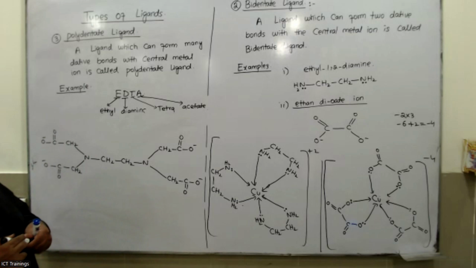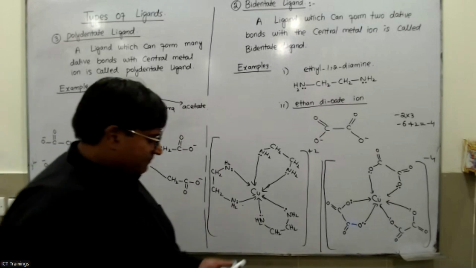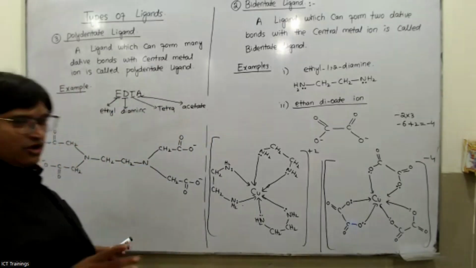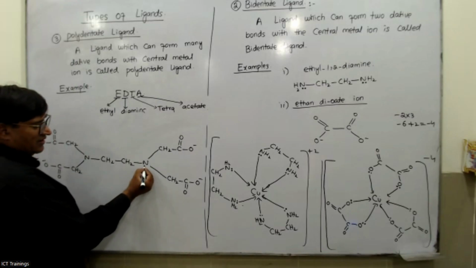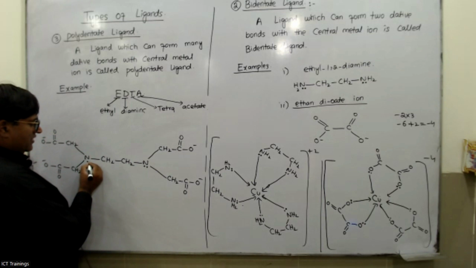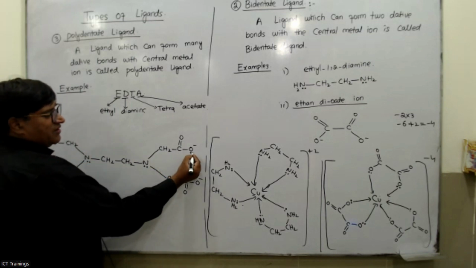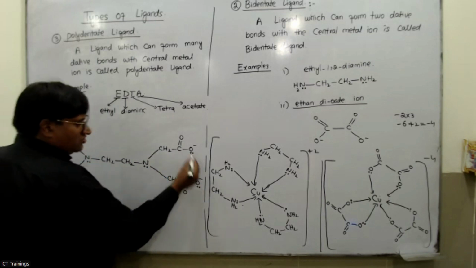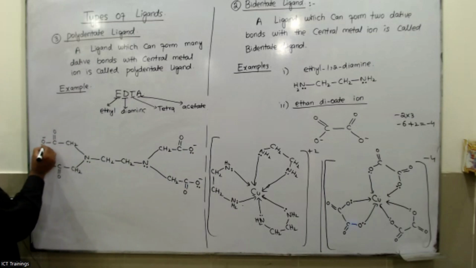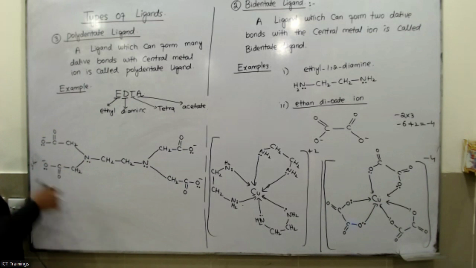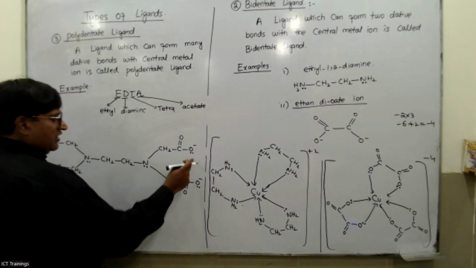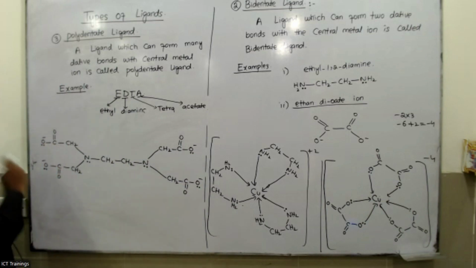Okay, so this is the polydentate ligand. Now, if you look up here, it has got a lone pair up here, a lone pair up here, and lone pairs from these two negative oxygens and these two negative oxygens. So it can form how many dative bonds? 6 dative bonds. 1, 2, 3, 4, 5, and 6.